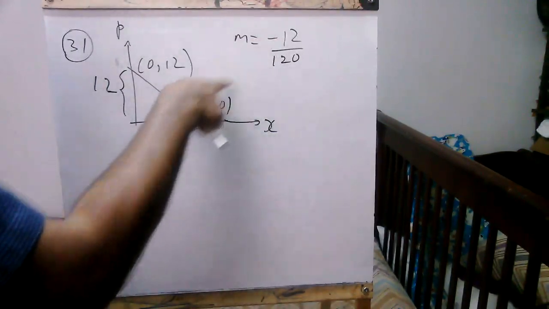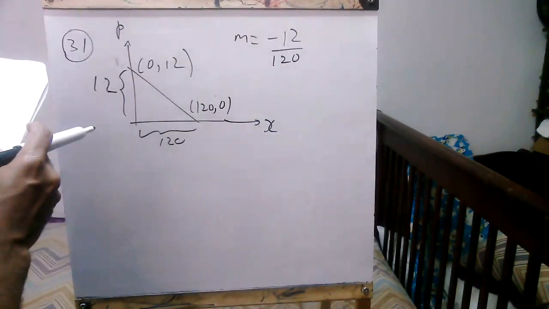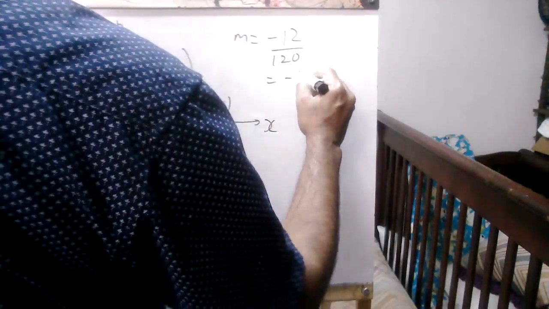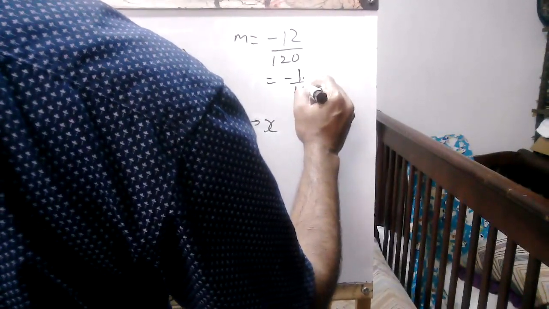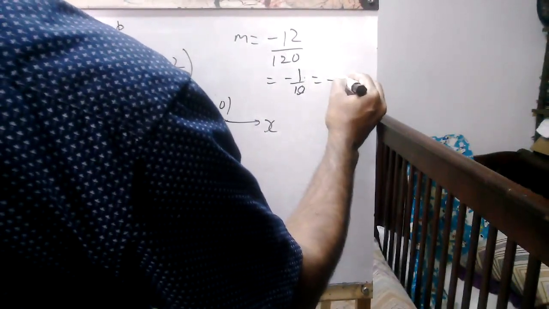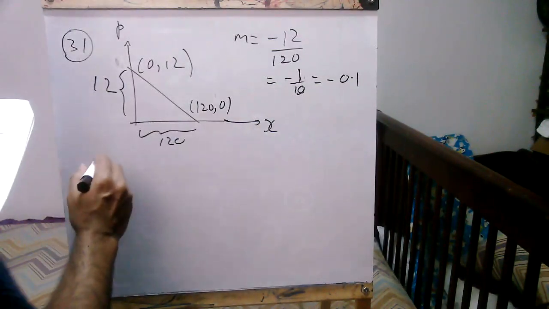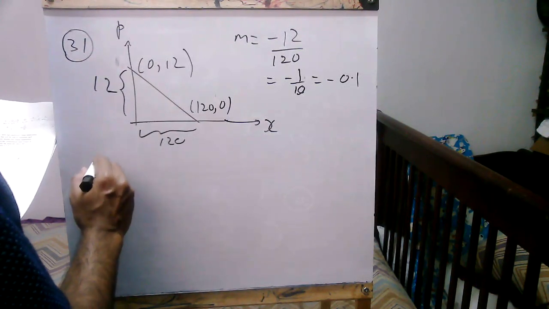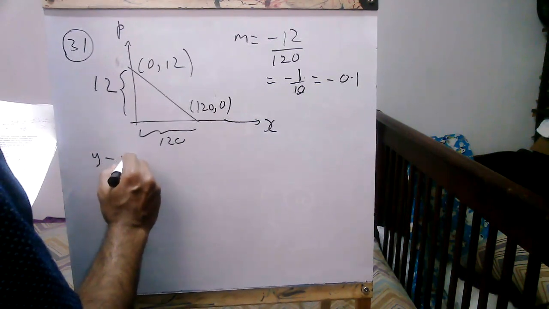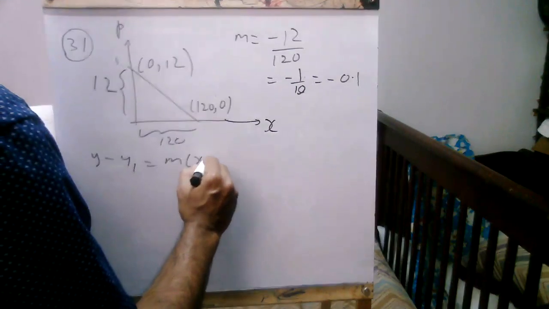If you do y2 minus y1 divided by x2 minus x1, you get the same answer. Now this is equal to negative 1/10. For convenience, I write this as negative 0.1. Then we can write the equation of this line using the point slope form of the equation. y minus y1 equals m times x minus x1.